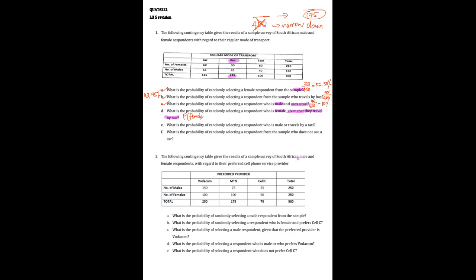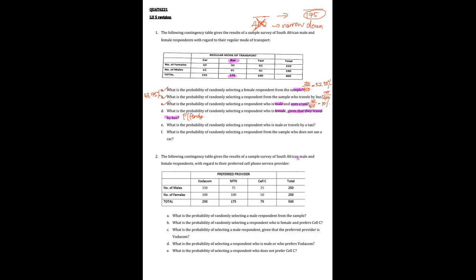So here we have taken it from 400 and narrowed it down to 175, which means we have fewer people to look at in determining whether it is a female or not. So we've taken care of the denominator. We narrowed down the sample size because they said, given that the person is traveling by bus.